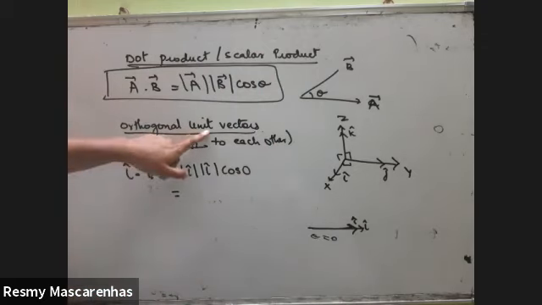Therefore we'll put it together: i dot j equals j dot k equals k dot i equals 0. So if they are different letters, it will be 0. If they are same letters, it will be 1. So this is the relation of dot products for orthogonal unit vectors.